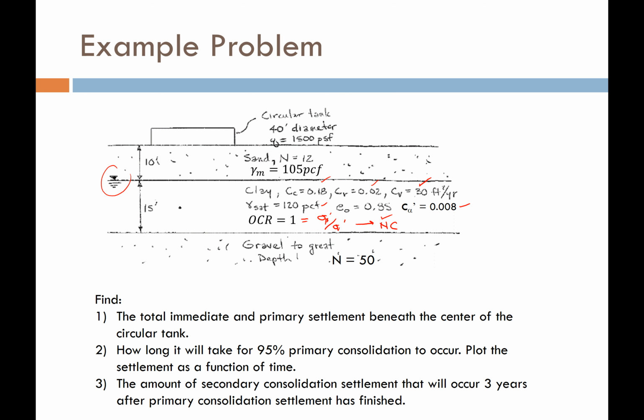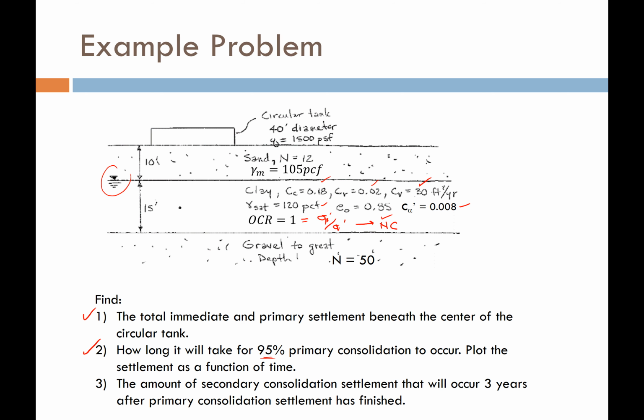First of all, we need to find the total immediate and primary settlement beneath the center of the circular tank. The second thing we need to find is how long it is going to take for 95% of primary consolidation to occur. We're going to assume that 95% is 100%. Why?